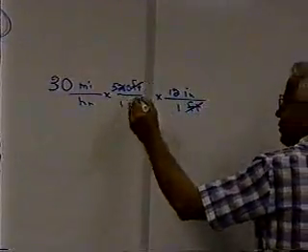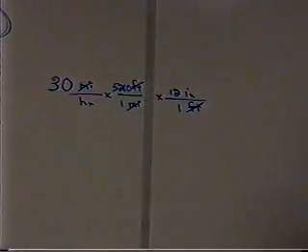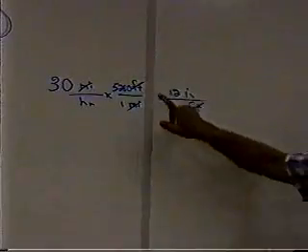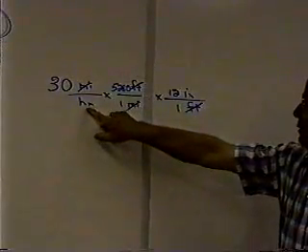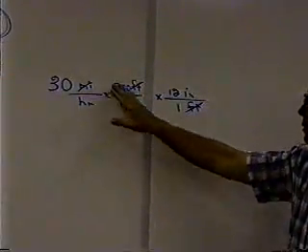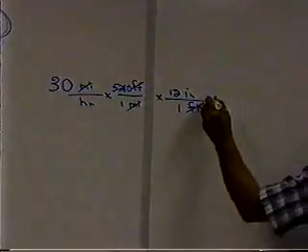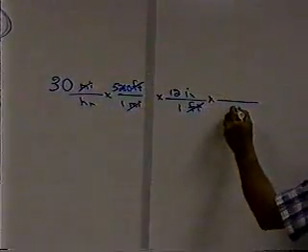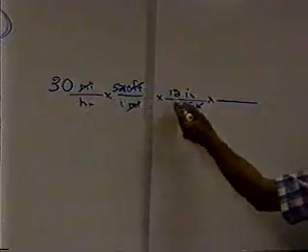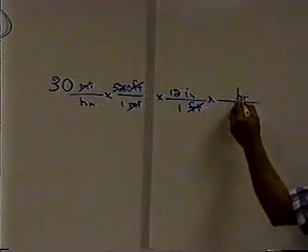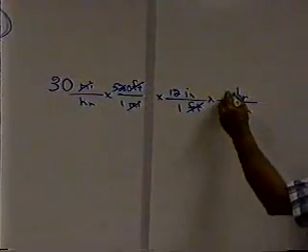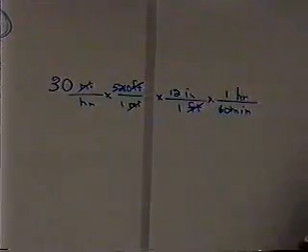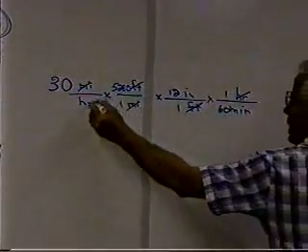Look what happens. Those divide out. So we now have the problem in terms of inches per hour. Well, we wanted it per minute, so I've got hours on the bottom, so I'll put hours on the top and minutes on the bottom. 1 hour is 60 minutes. So hours divide out, and look what I have.